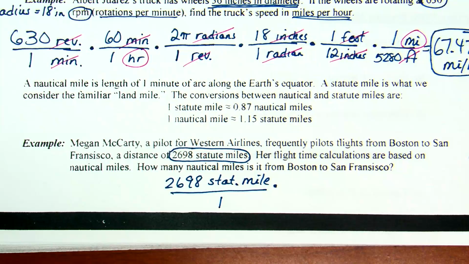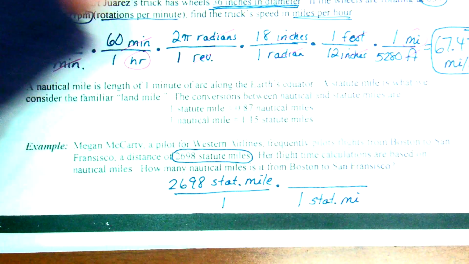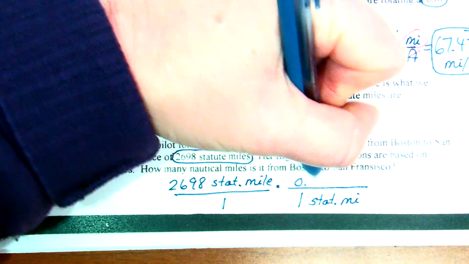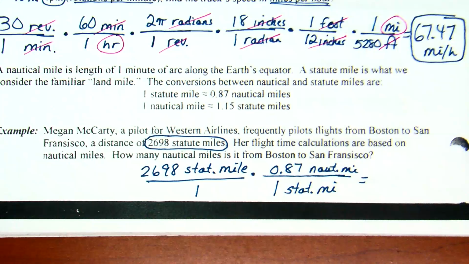So 1 statute mile for 0.87 nautical miles. And then, of course, grab your calculator, do the math. If you did it the other way around, you had 1 nautical mile on top, 1.15 statute on bottom, you're dividing.